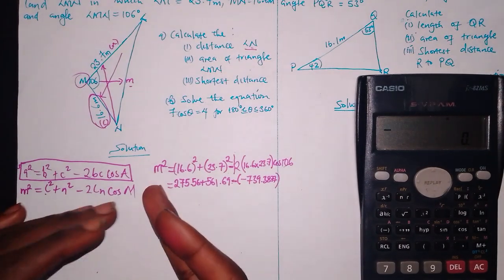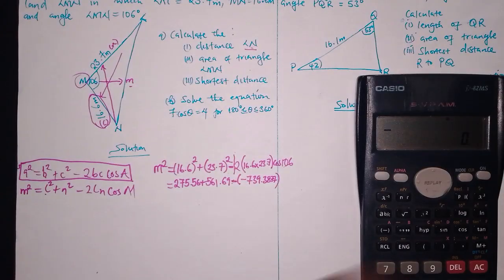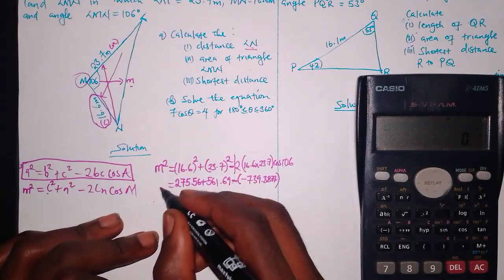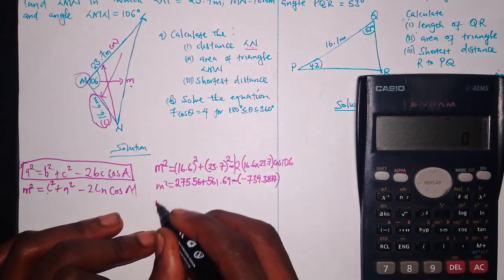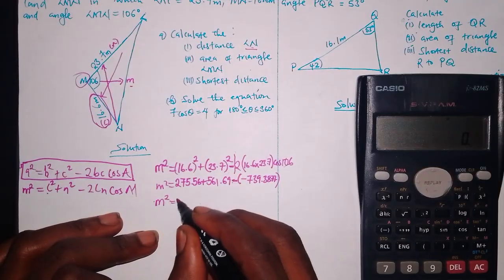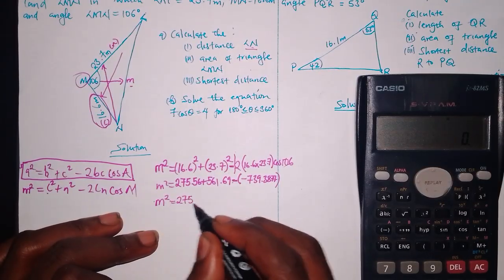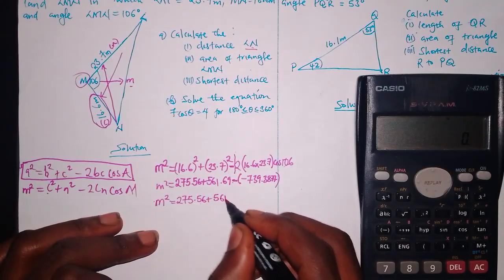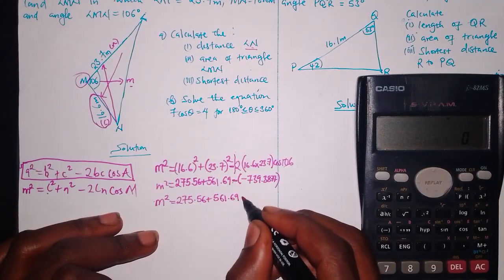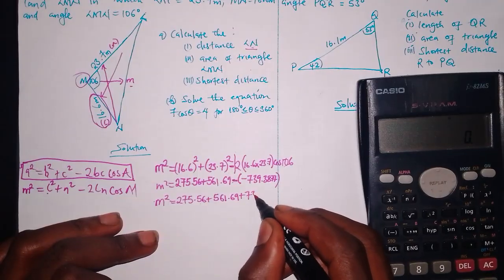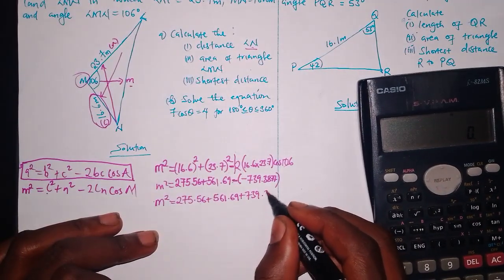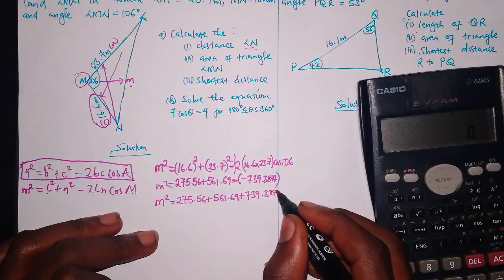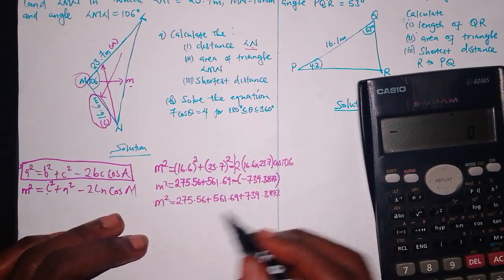So meaning you are going to add everything. So you say m squared is equals to 275.56 plus 561.69 plus 739.3877.